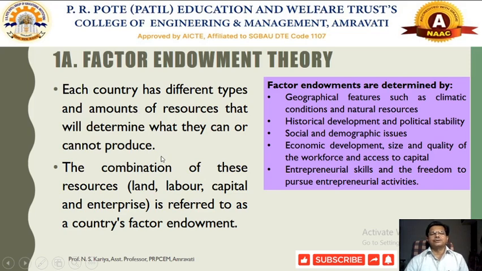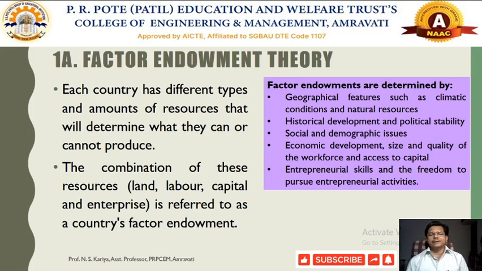Whatever they do not produce, they can obtain through international trade. So different factor endowments would be considered, and that is the combination of various resources: land, labor, capital, enterprise, and so on. That is called the country's factor endowment.